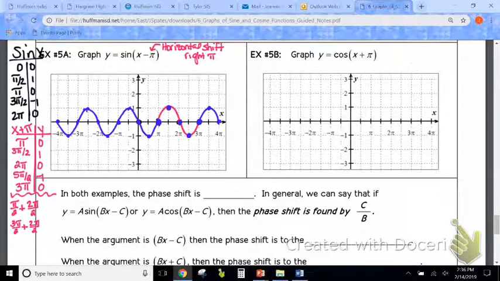So now let's look at 5b. It's cosine. So I'm going to remember my table, and so I can graph that.